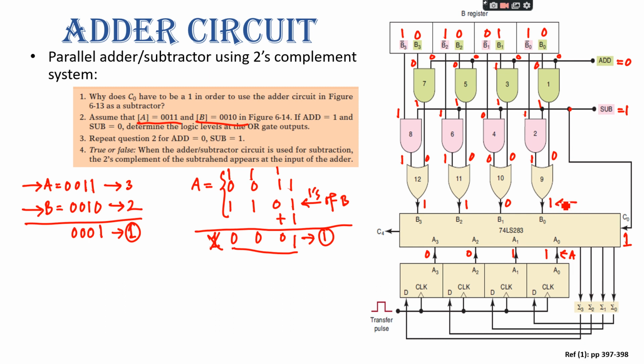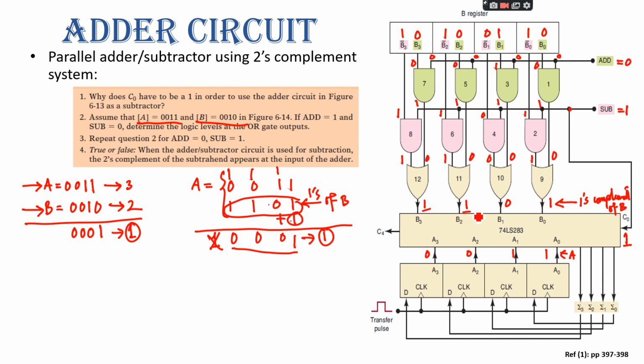So as you can see, this 1101 is exactly this number, right? So this is the 1's complement of B, right? And if you give subcommand 1, this 1 will come here. So this is the 1 that needs to be added with this number, right?